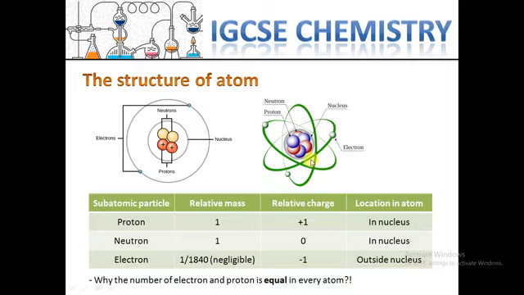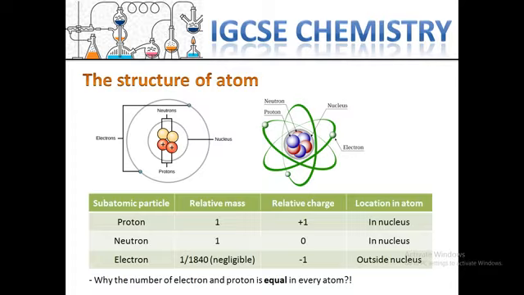So the atom is neutral because the total number of protons is equal to the total number of electrons. Electrons have negative charge and protons have positive charge, so the equal number makes the atom neutral without charge.